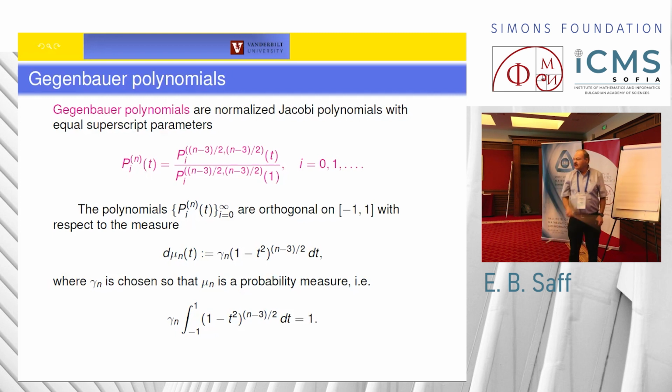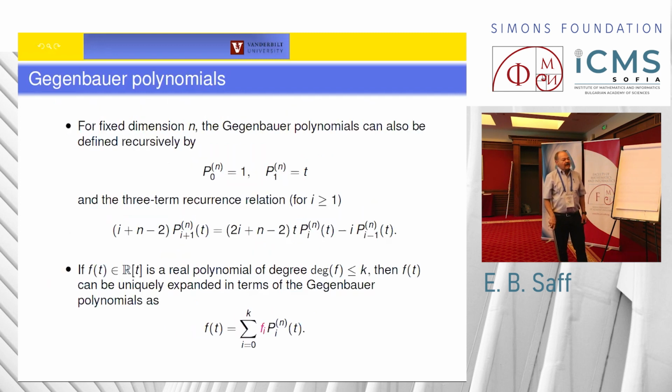These Gegenbauer polynomials are normalized to be 1 at 1. And they are orthogonal polynomials. They're orthogonal with respect to this measure mu sub n, given here, and that's a probability measure as indicated below. Another way to define these Gegenbauer polynomials is recursively, so they satisfy a three-term recursion relationship.